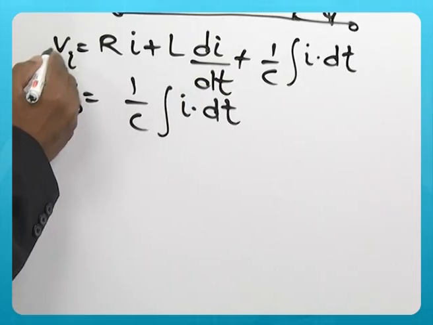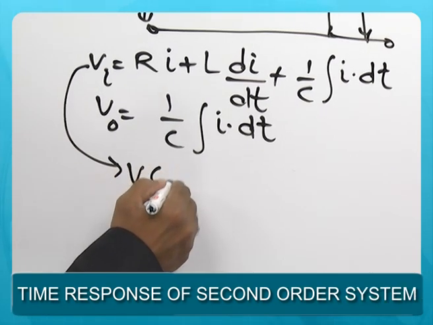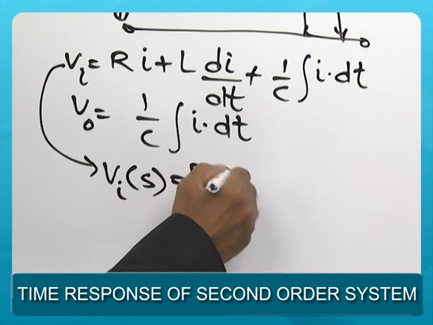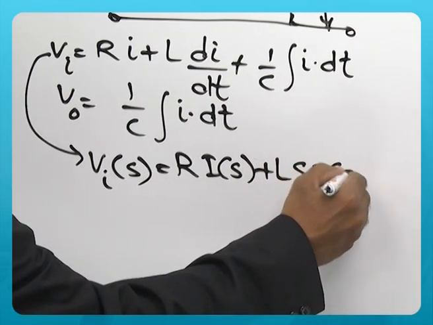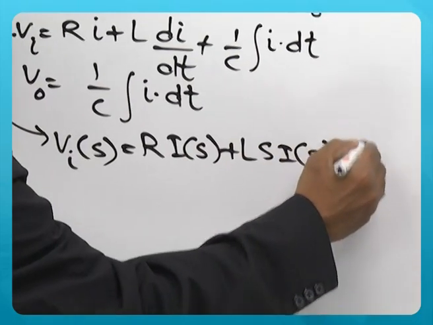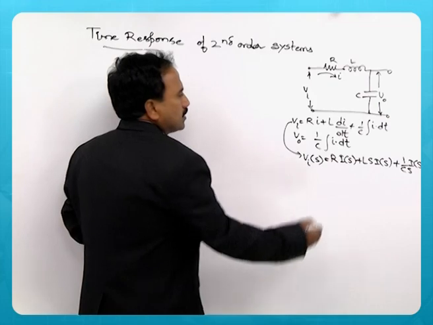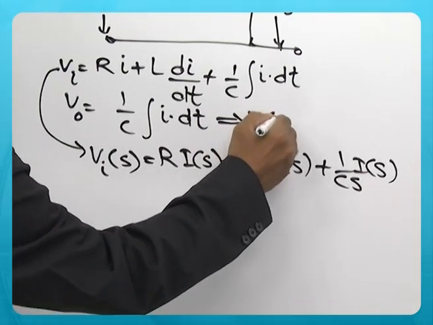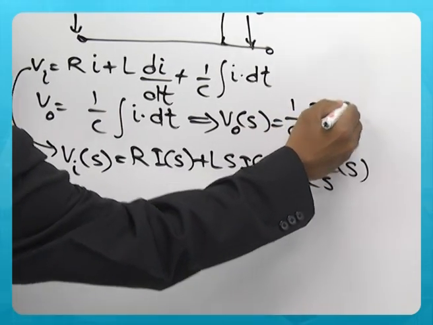Now, this equation can be written as Vi of S equal to R into I of S plus Ls into I of S plus 1 by Cs into I of S. Whereas, when you apply Laplace transform to this, V0 of S equal to 1 by Cs into I of S.